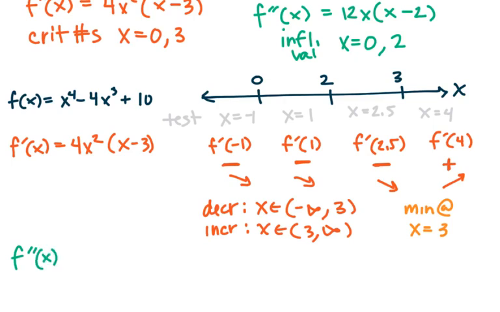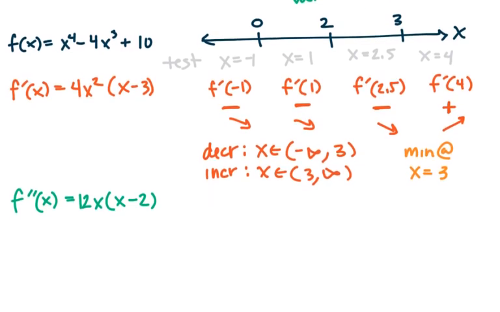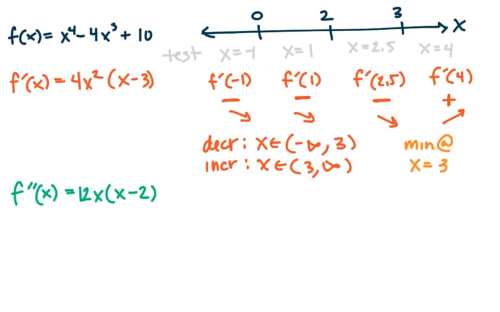So f double prime of x is 12x times (x minus 2). And so again, I run through this process: f double prime of -1, f double prime of positive 1, f double prime of 2.5, and f double prime of 4.